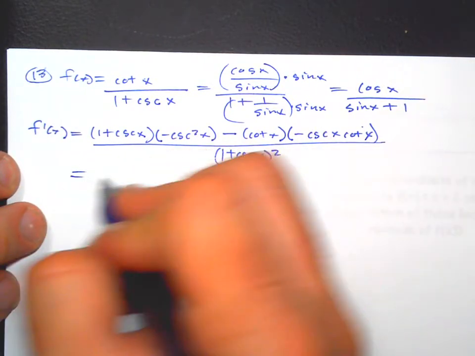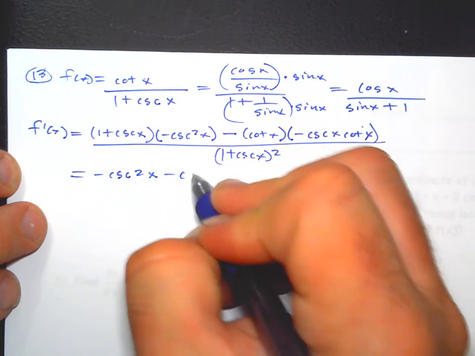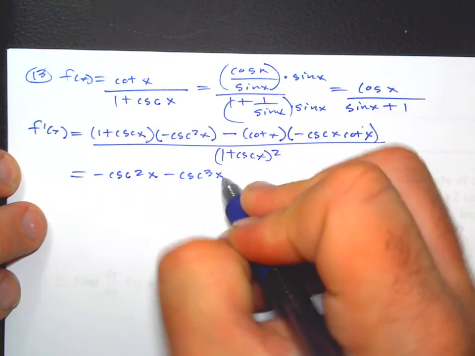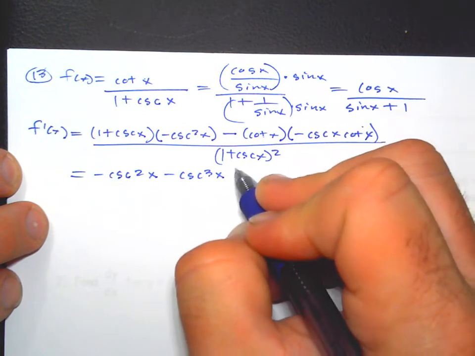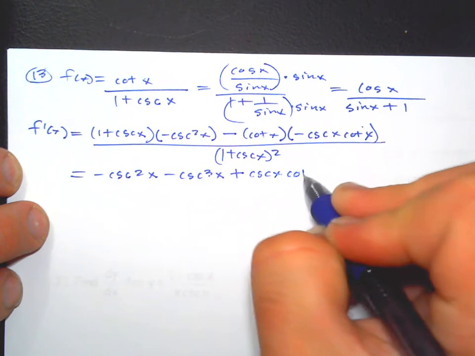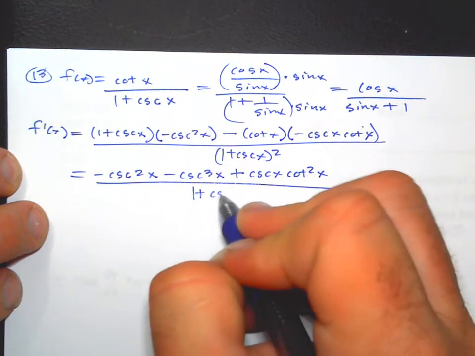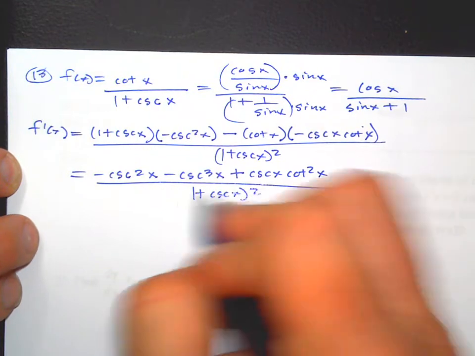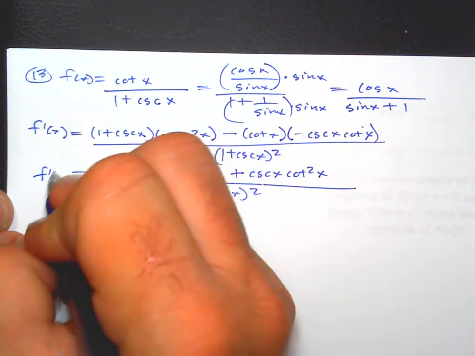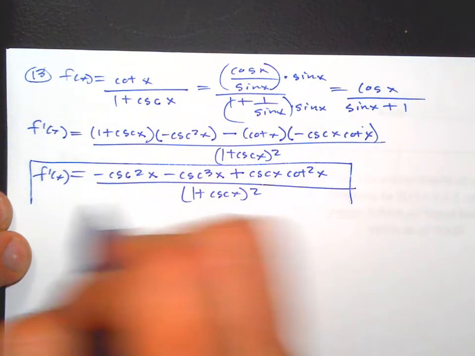Okay, so it's going to be negative cosecant squared minus cosecant cubed plus cosecant cotangent squared. We could say that that's the answer. And that's one possible answer.